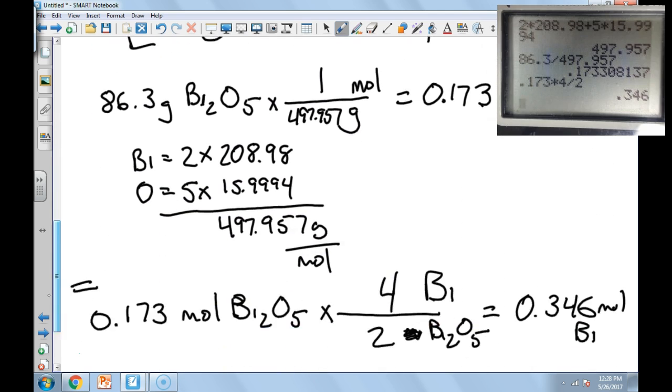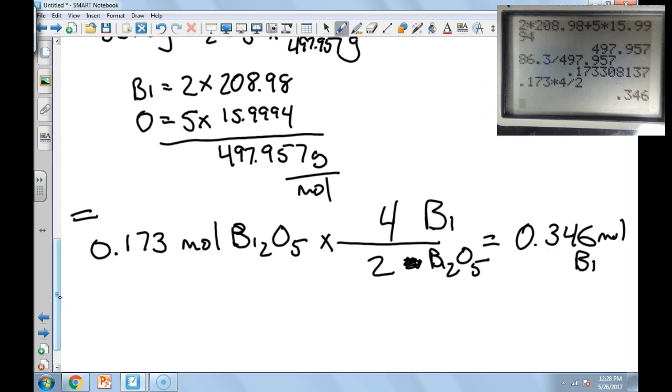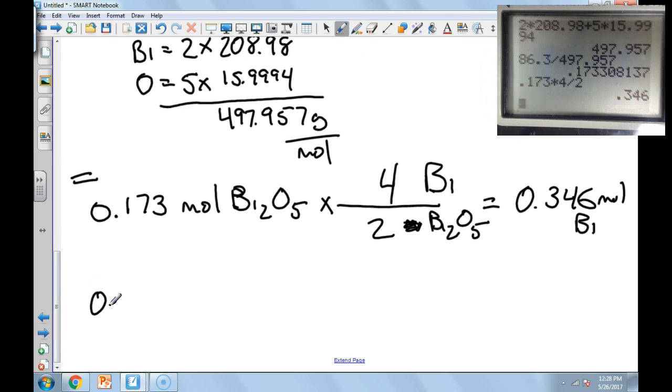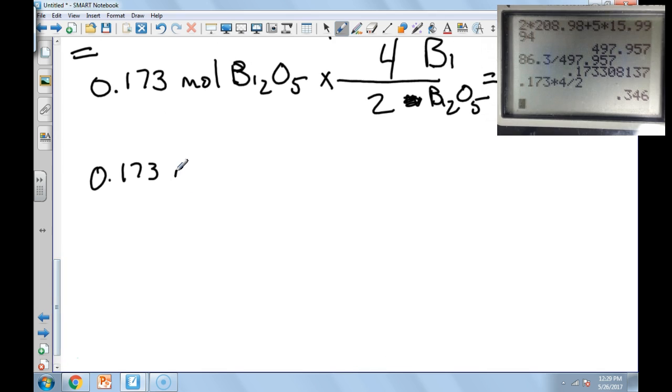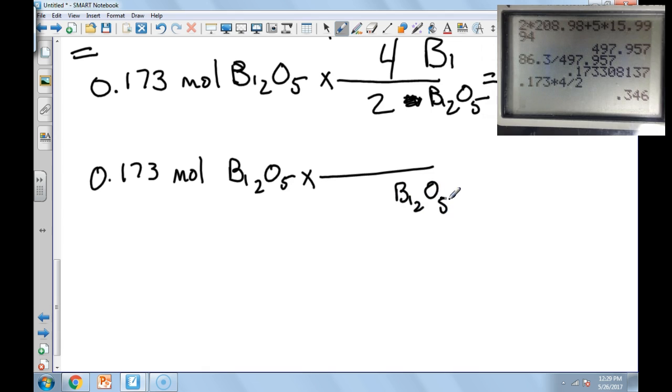Now we can do the same thing for oxygen. Very similar sort of calculation. So we have 0.173, I'm going to extend the page a little bit, moles of Bi2O5 X-line. And again, we're getting rid of bismuth oxide, bismuth 5 oxide, but instead of going to bismuth, we want to go to oxygen.